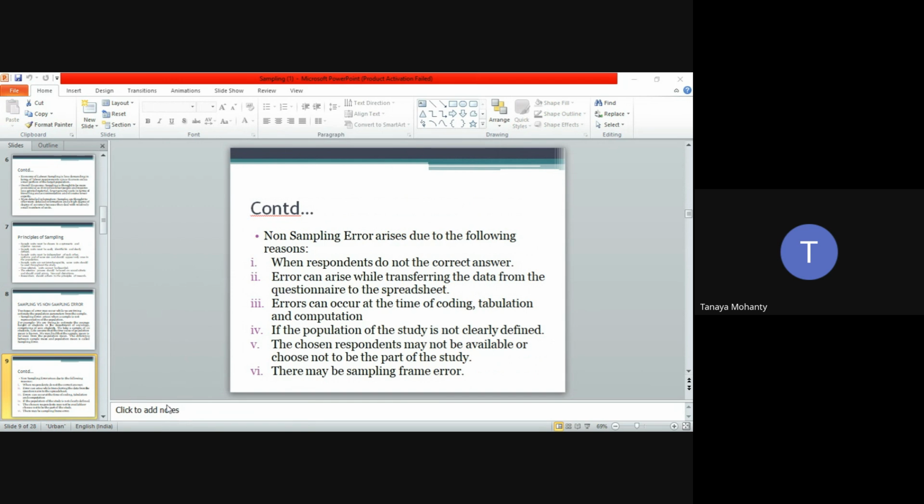Any one of you? No? Give it a try. It could be the voter list, isn't it? Because it's enumerated. The list of the voters, the people who are residing in the city of Bhubaneswar, mostly it is enumerated in the voter list. So the voters list would constitute the sampling frame in this case.